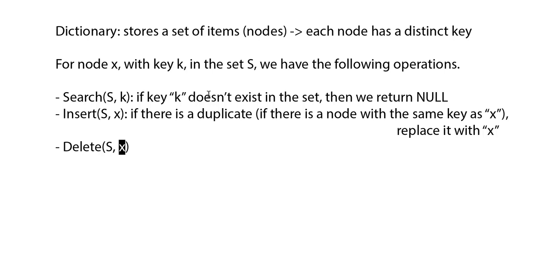Well, you might ask, why don't we specify the key and search for the key? Well, there's already this search method that does that for us. We want each method focused on one single task, so we don't want to make delete search for a key. That's why we don't specify a key.